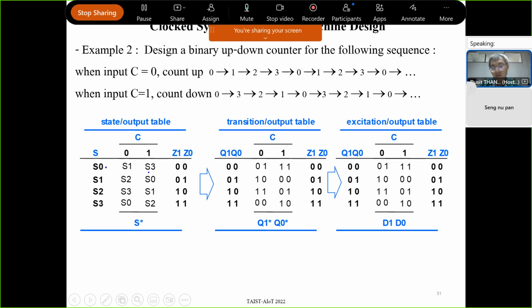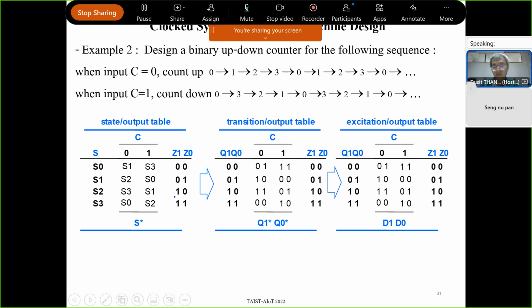Count down: 0 to state S3, state S1 to state S0, S2 to state S1, S3 to state S2. And for the output of each state, I define S0 as the state that produces output 0, 0. S1 produces 0, 1. S2 gives output 1, 0, and S3 gives output 1, 1.